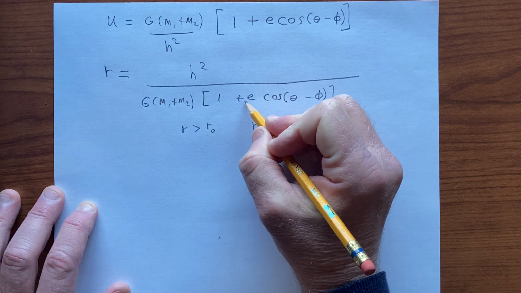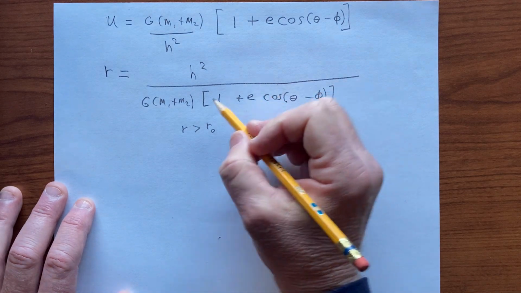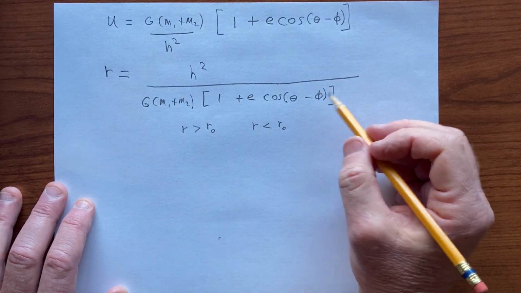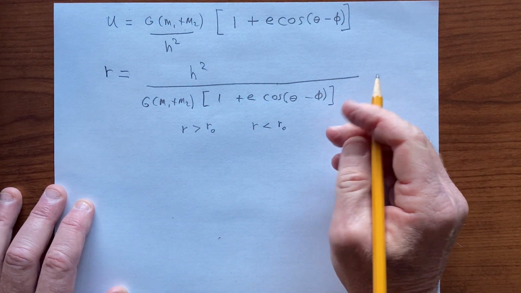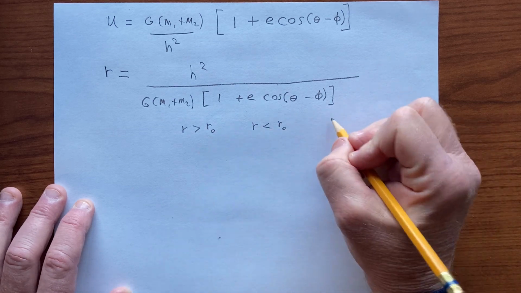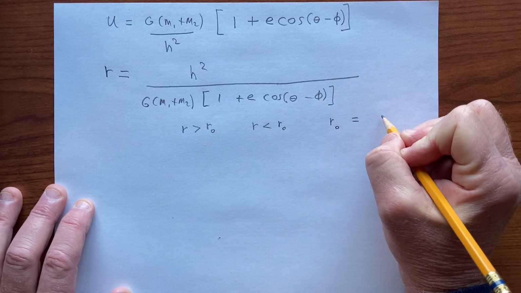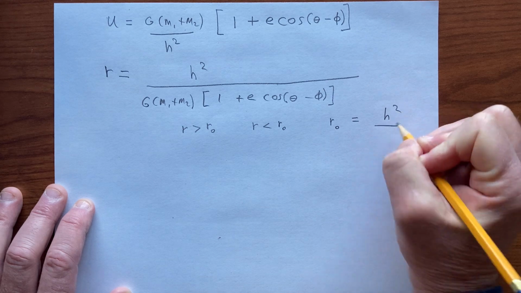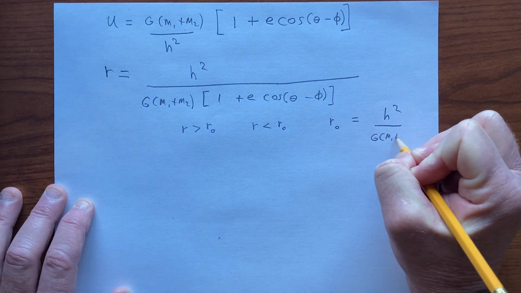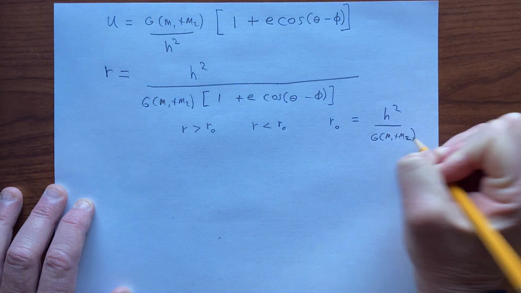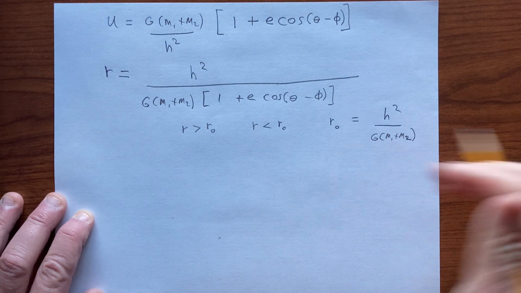This could be negative. And so we're subtracting from 1, where in other words, r naught is h squared over g m1 plus m2. I'm not sure that's terribly useful.